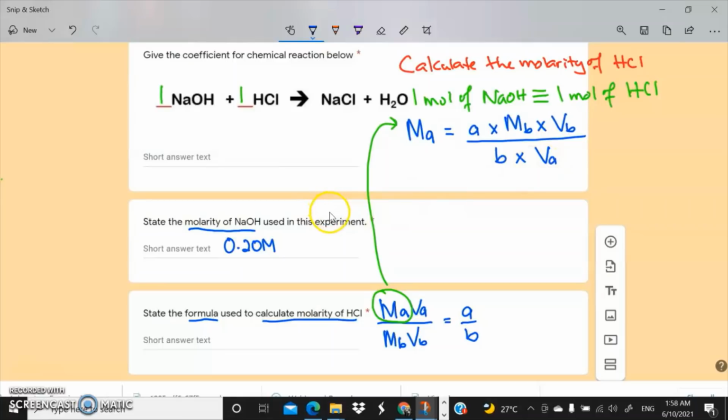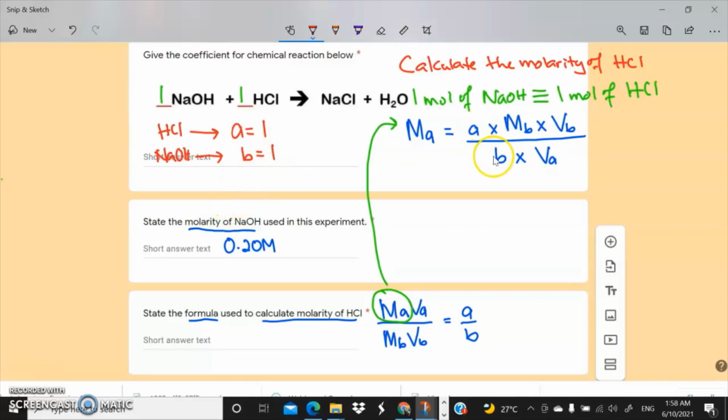Okay, so now what is A, what is B, what is MB, what is VB, what is VA? A is the coefficient for HCl, so the coefficient for HCl is 1. What is my B here? My B will be for NaOH. So what is the coefficient for NaOH? 1.